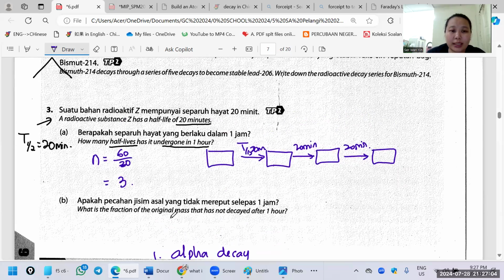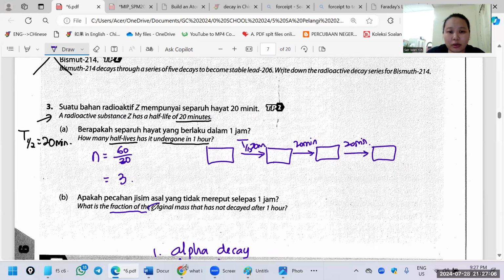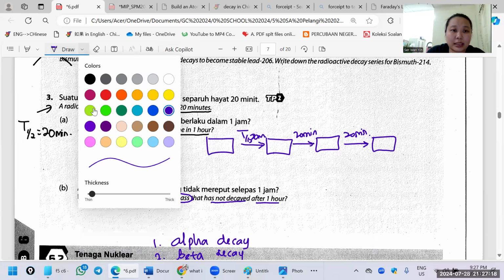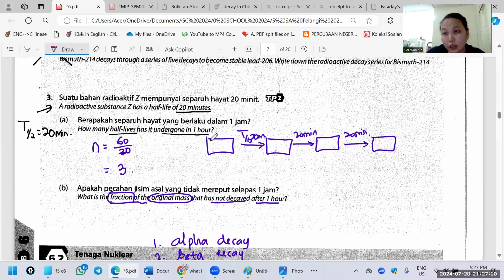Okay, now what is the fraction of original mass that has not decayed after 1 hour? When they ask about fraction, they are actually asking you to make the original as 1.